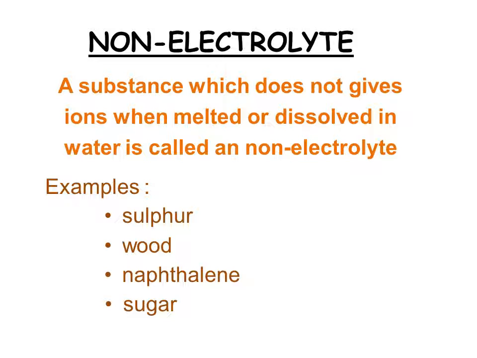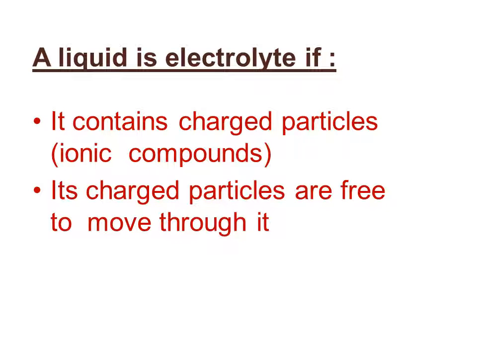So simply we can say the substances which give ions are electrolytes, and which don't give ions are called non-electrolytes. And in both cases we have to dissolve or melt it in water. So water acts as a medium. Then we talk about another part.